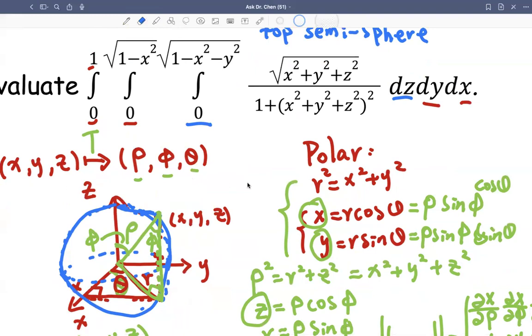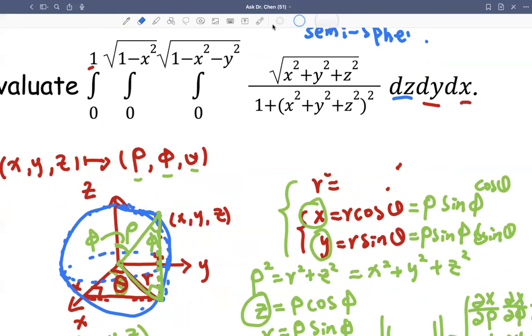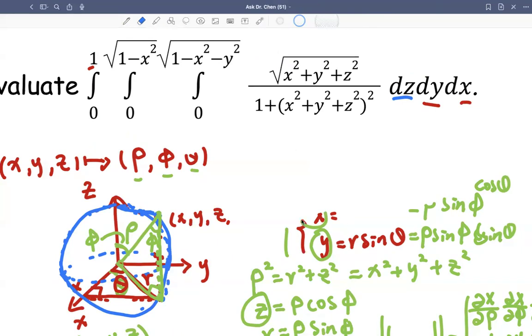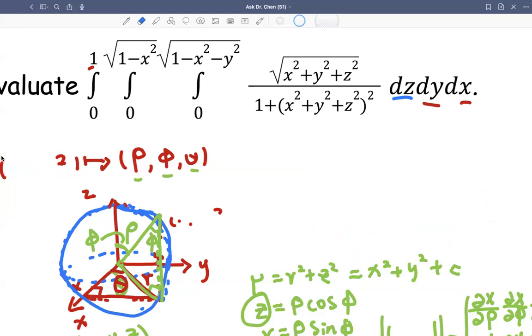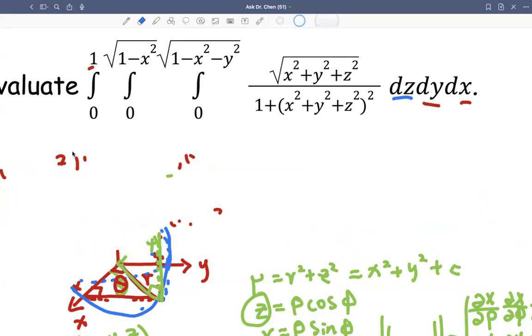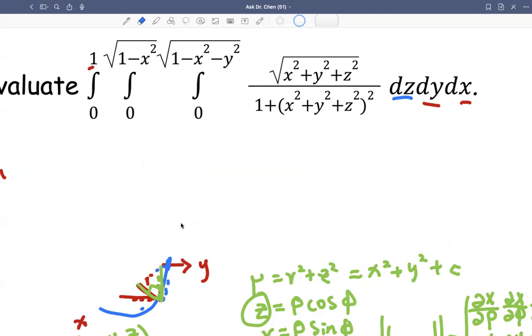Let me erase this. So we're going to change variables. And the beauty of spherical coordinates is that once we change the lower limit and upper limit, we get constants.